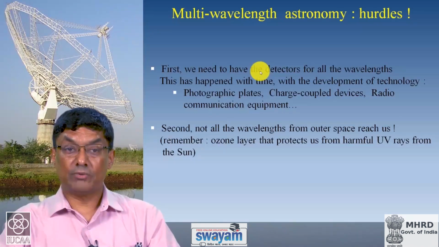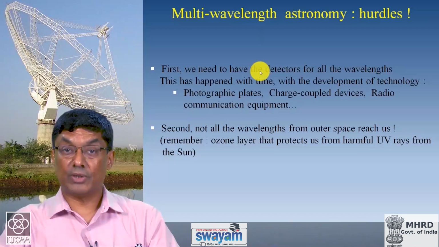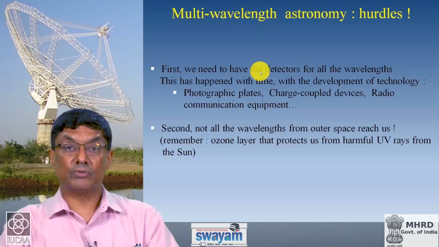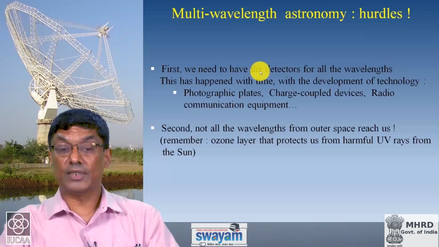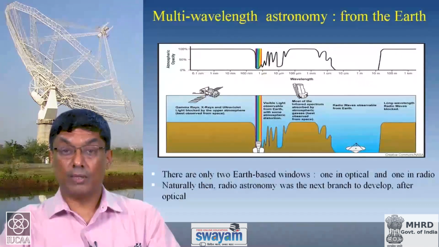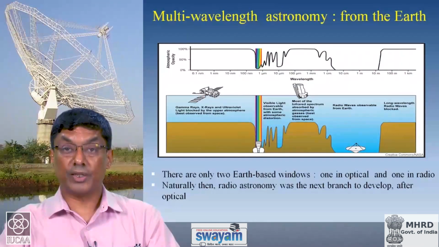Second, which is equally important, is that all of these wavelengths from outer space, from celestial objects in the universe, may not reach us at the surface of the earth. And we must remember the ozone layer that protects us from harmful UV rays from the sun. So, when we look at the picture in full detail, we see that there are only two earth based windows.